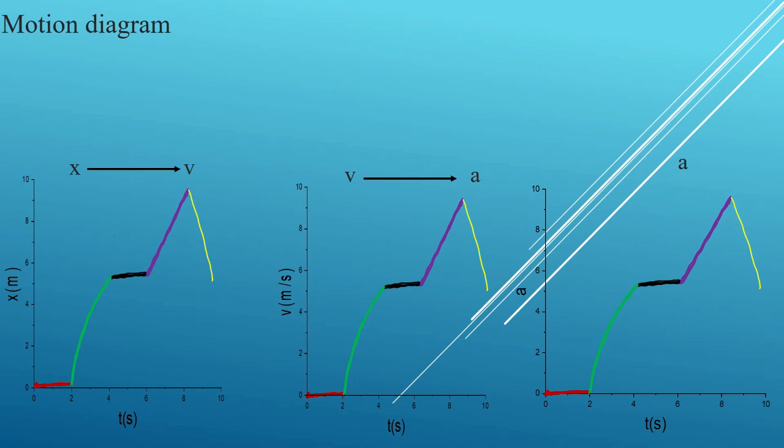Displacement, velocity, or acceleration. So always look at the units you have and also see what your x and y axis represent. Okay. Now let's see how I can calculate the velocity and acceleration based on these diagrams.